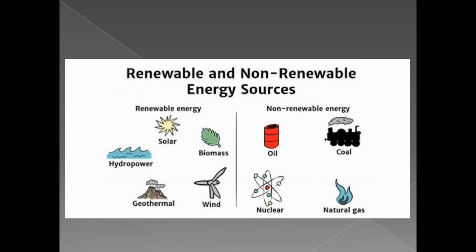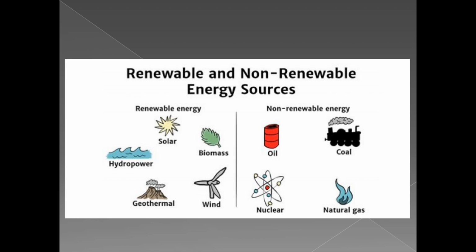And also we now have the two major sources of energy. Upon all the forms of energy, they can now be categorized under two sources, and the two sources are renewable energy and non-renewable energy. From the word renew, that is, it can be recycled, it can be regenerated. An example of renewable energy is solar energy, hydropower, geothermal, wind, and biomass.